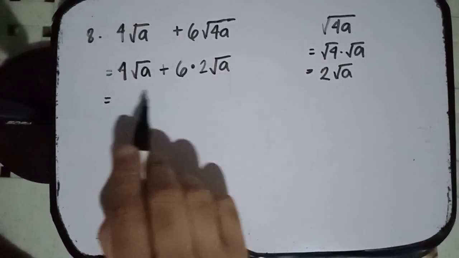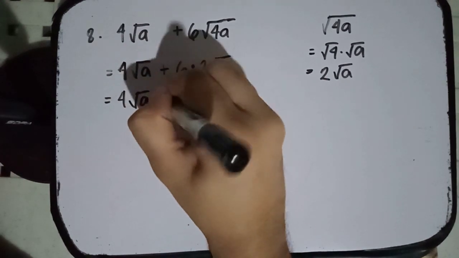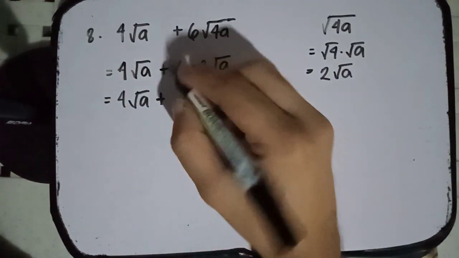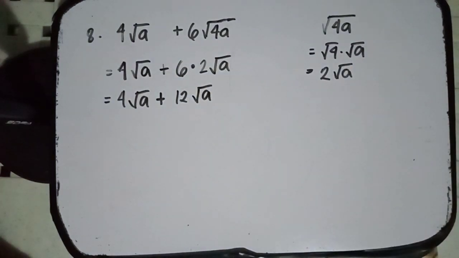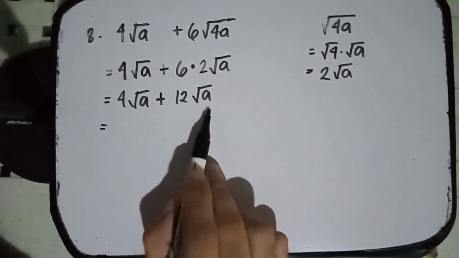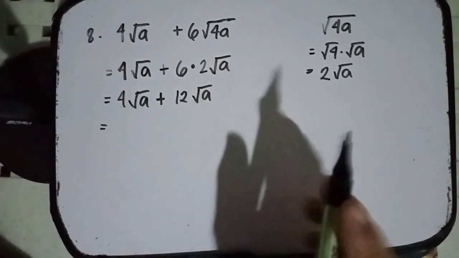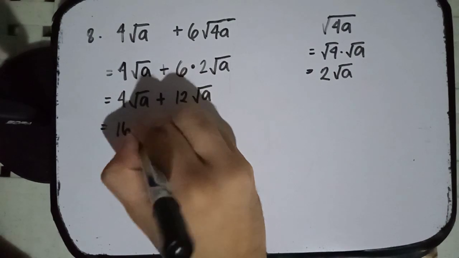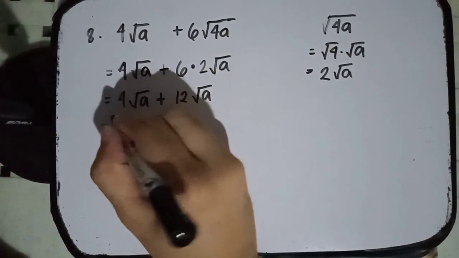And then, multiply na natin. So, 4 times the square root of a plus 6 times 2 equals 12. Then, square root of a. And then, since pares square root of a na, di ba? So, pwede natin pagsamahin to. So, 4 plus 12 equals 16 square root of a. Alright? So, ito po yung sagot.